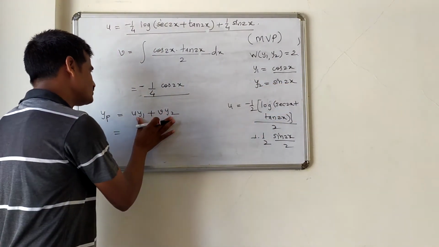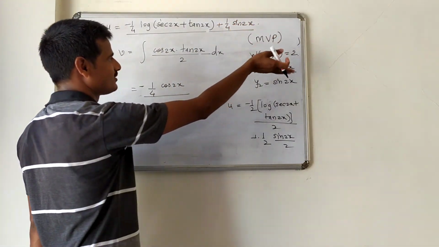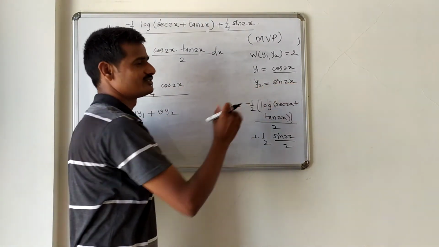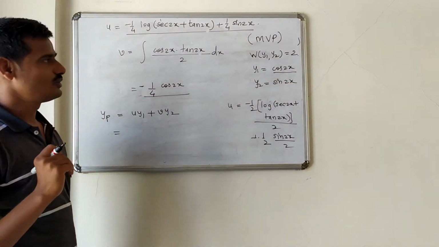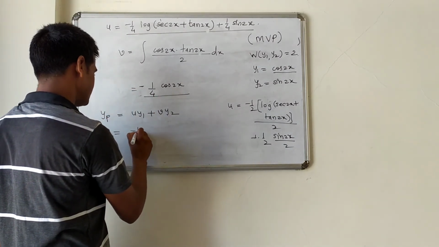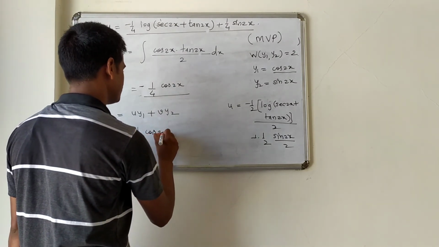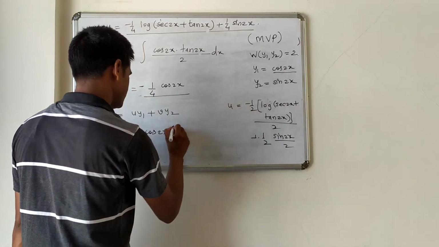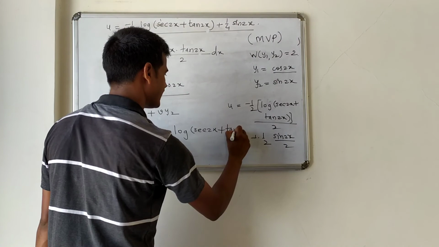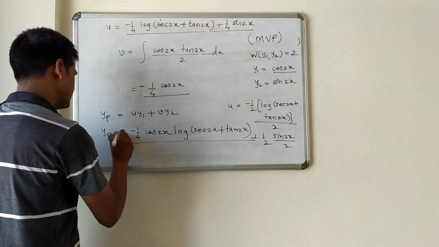So if I add these two terms, you will notice that 1 by 4 sin 2x cos 2x and minus 1 by 4 cos 2x sin 2x will be there. So it will cancel out and you will get the solution or particular integral as minus 1 by 4 cos 2x into log of sec 2x plus tan 2x.